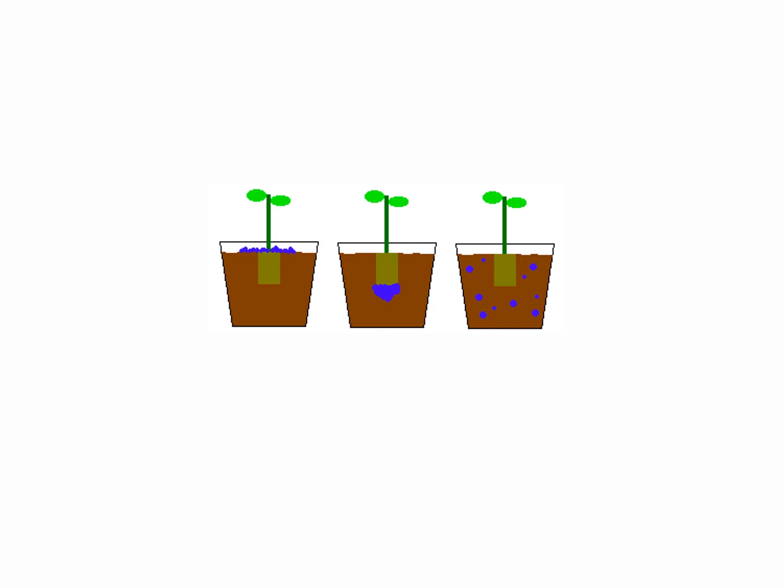In top dressing, shown on the left, and that is this diagram right here, all of the fertilizer is placed on the surface of the growing medium. So that's what these blue granules are supposed to represent. They represent the fertilizer.